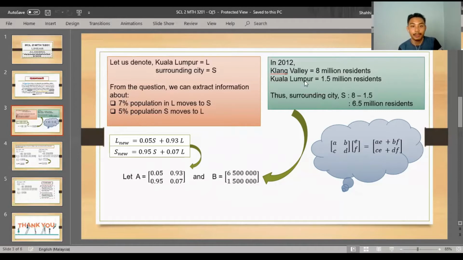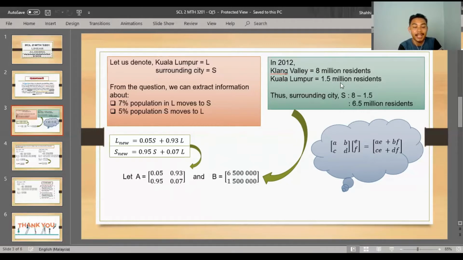So as we can see in the question, it says that in 2020, the population in the Klang Valley, including Kuala Lumpur, is 8 million residents. And in Kuala Lumpur, the population is 1.5 million residents. So it means that by having this information, we can find the total population in the surrounding cities.